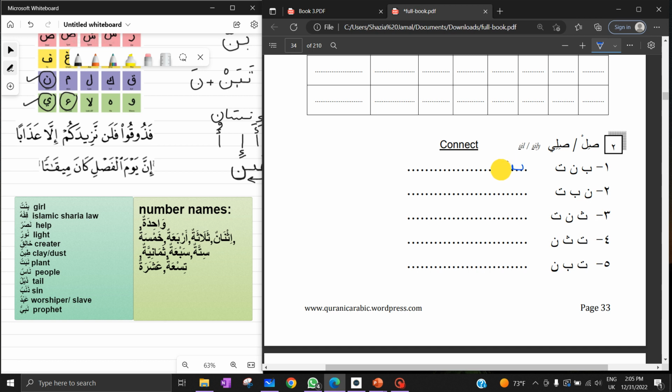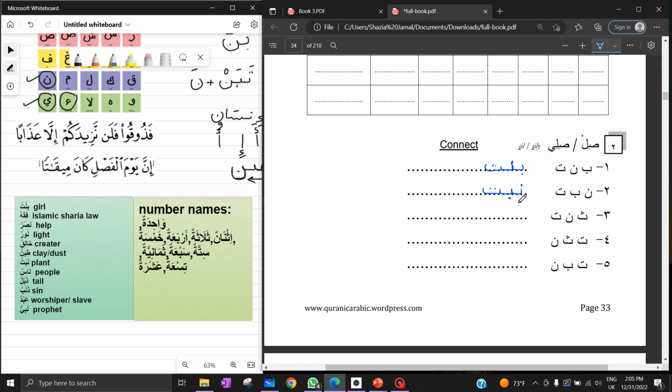Noon and ta. Since they are all written similarly, you need to join them together. Ba, noon, don't forget to put the dot on the noon, and ta. Noon, ba, ta: noon, ba in the middle, ta in the last. So in the end we will write the dots: noon, ba and ta.